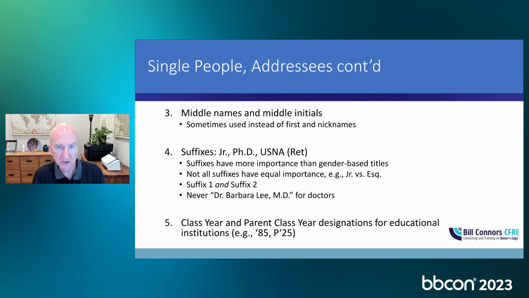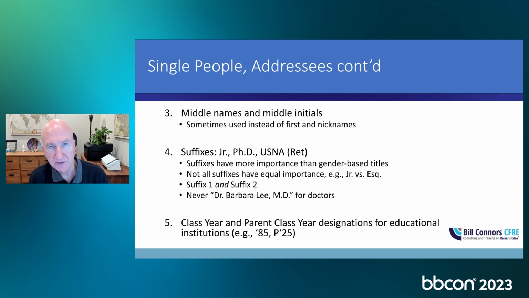For example, Junior as a suffix literally tells us the difference between one person and another, the difference between the father and the son. That's probably not a suffix we just want to get rid of. So be thoughtful about suffixes and don't just automatically assume that everyone should now be in your database just based on first name and last name.